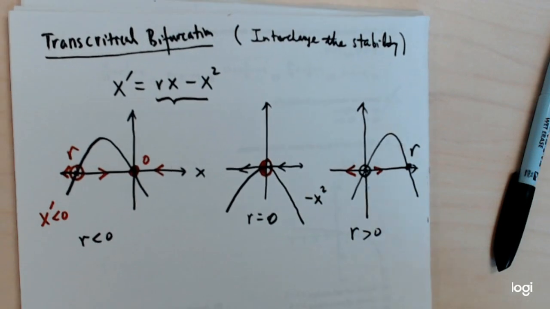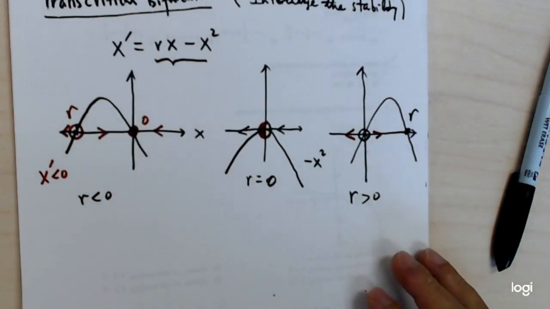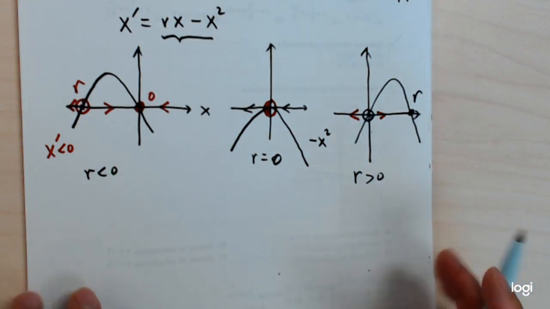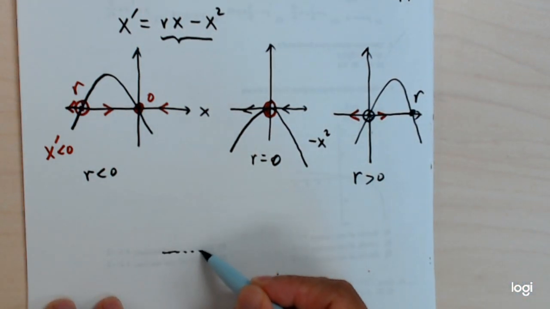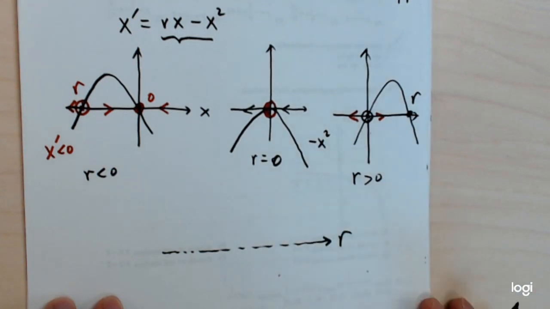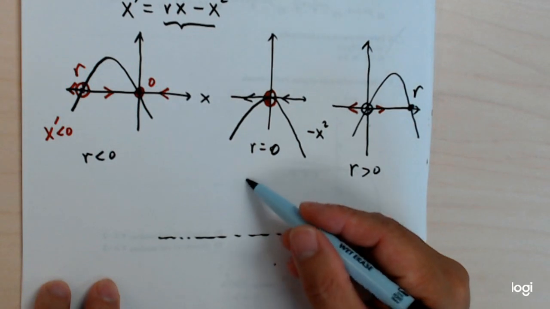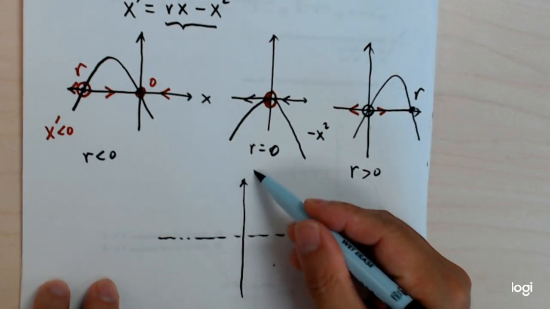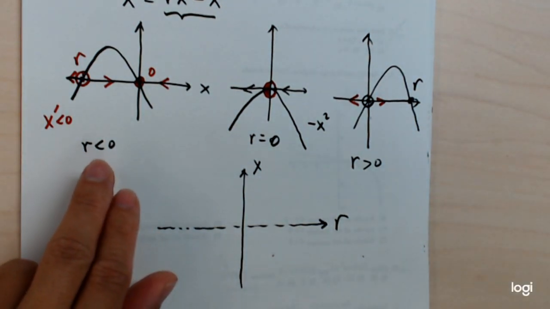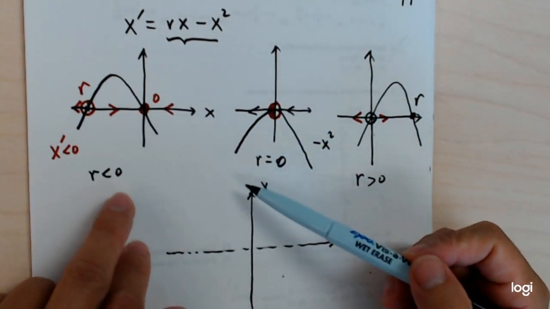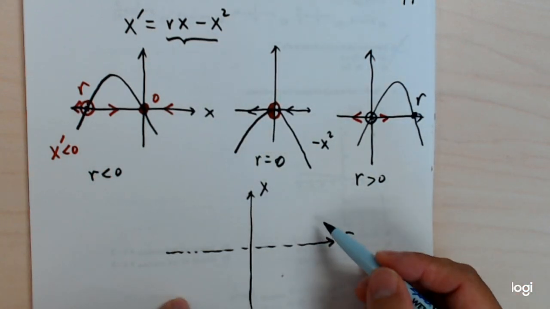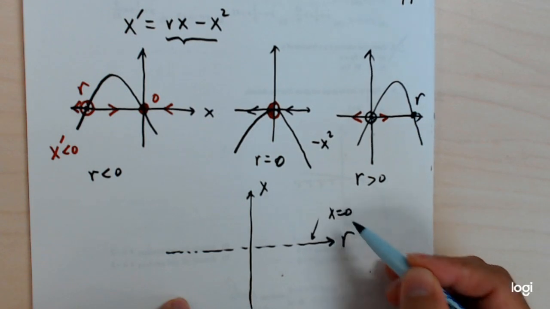So the bifurcation diagram for this transcritical bifurcation looks like this. Once again, we have the horizontal axis being the bifurcation parameter r. The vertical axis is the variable x. There are two equilibria. One is always 0, in other words, the horizontal line where x equals 0.